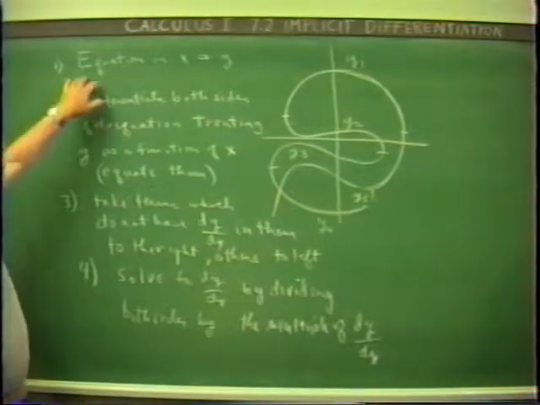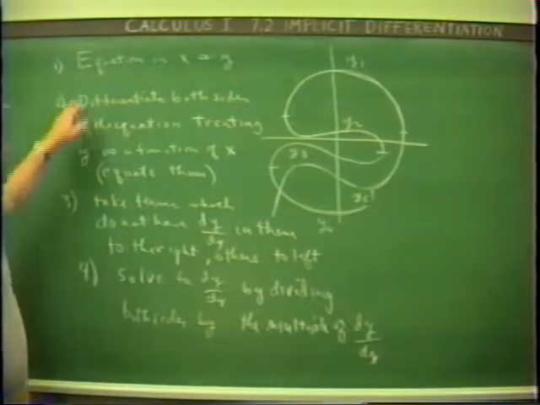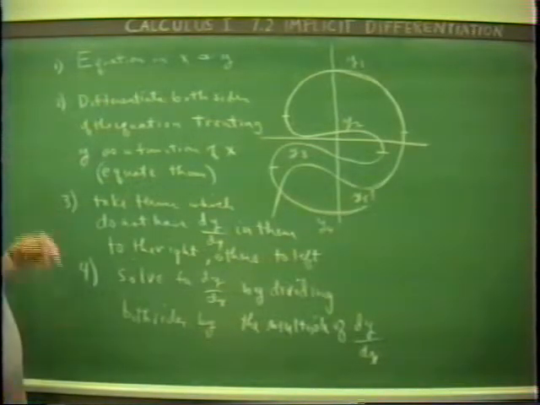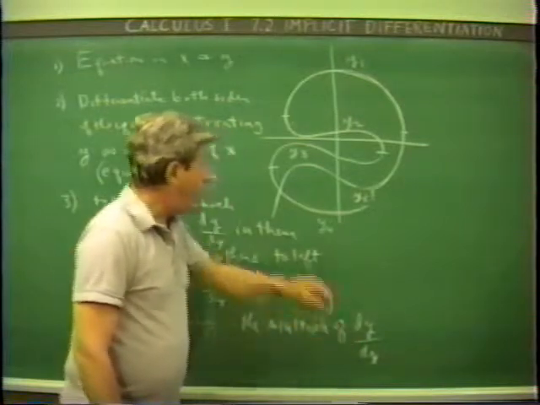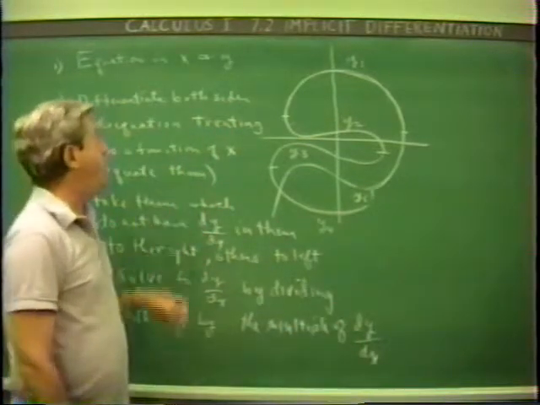This will always be possible to do if you've got some sort of an equation that's algebraic or trigonometric in character. And this will then give you an expression for dy/dx in terms of x and y.